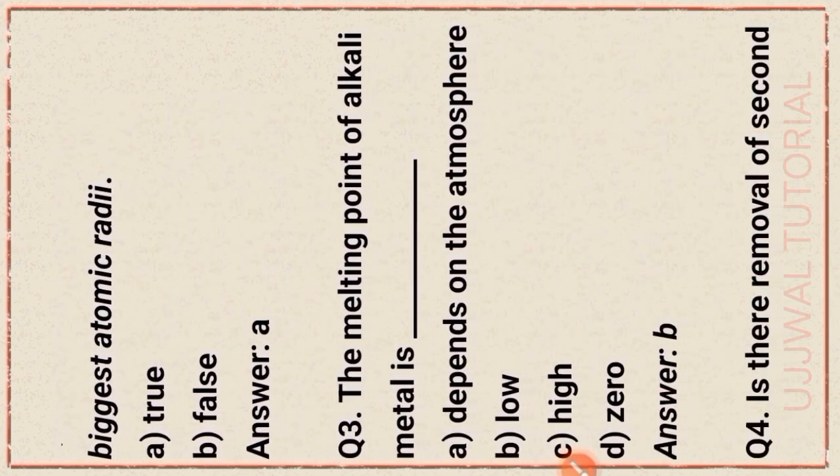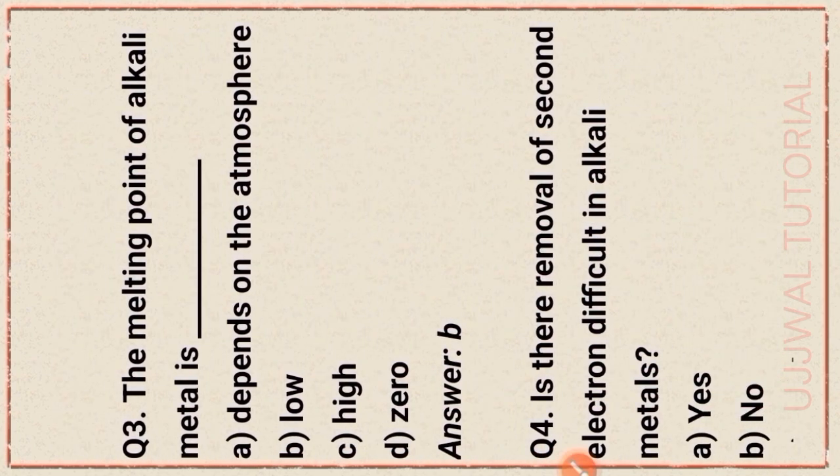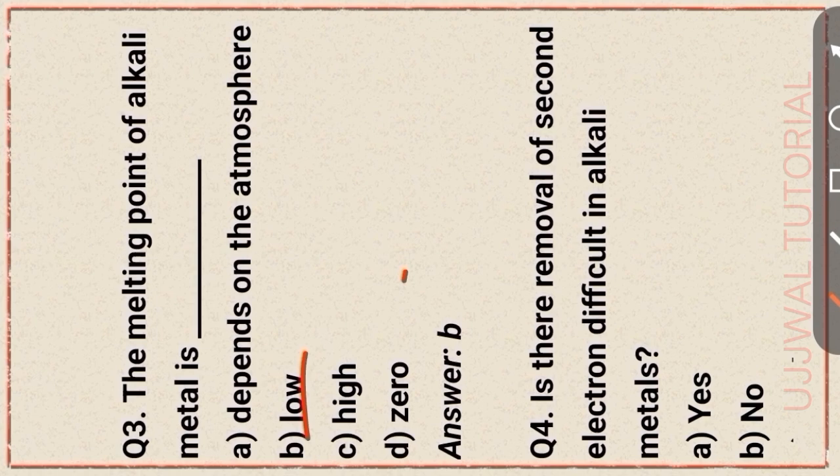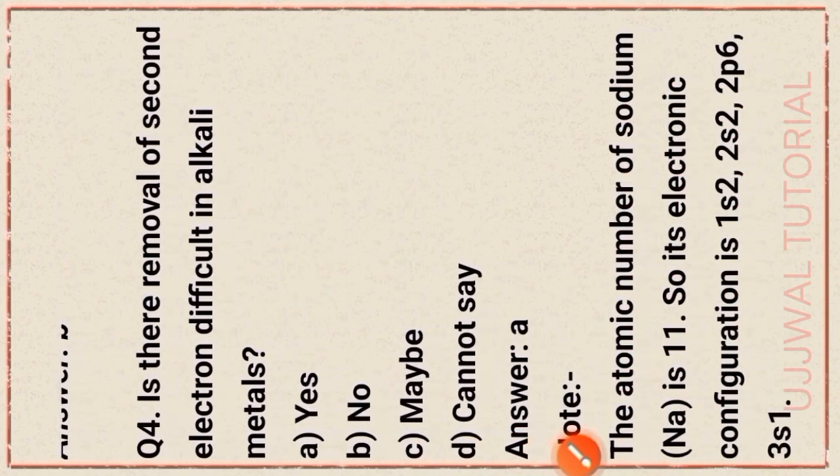Next question, question number 3. The melting point of alkali metals is option B, very low. Due to the alkali metal electronic configuration ns1, the melting point is very low. Next question, question number 4.